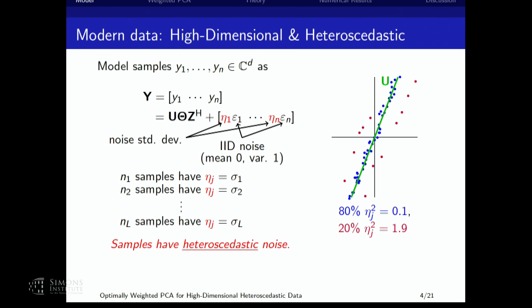We have some number of samples with each noise variance, and we'll use capital L to denote the number of different types of quality data that we have in our data set. Our goal will then be, from this data with two different qualities, to learn the underlying subspace U, this green line that's generating them.